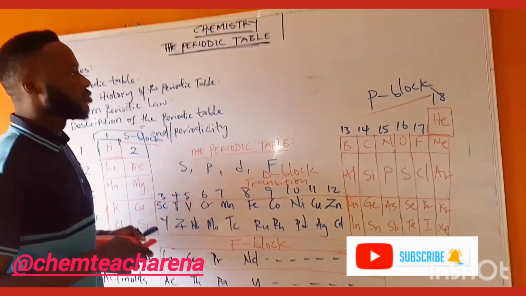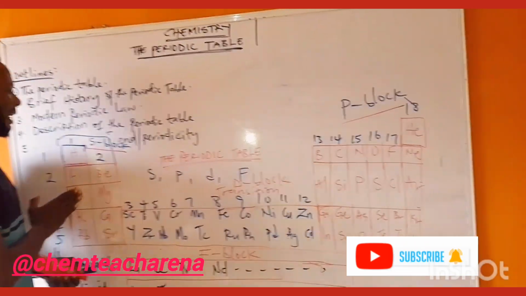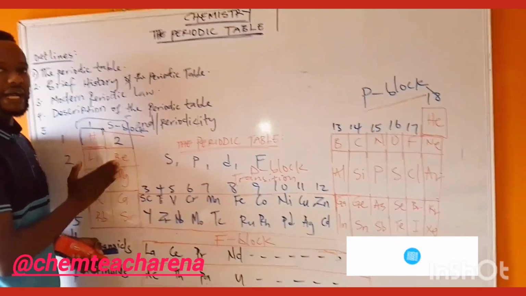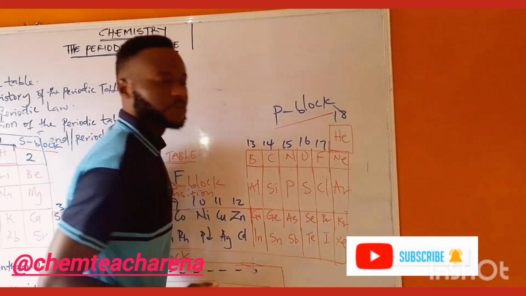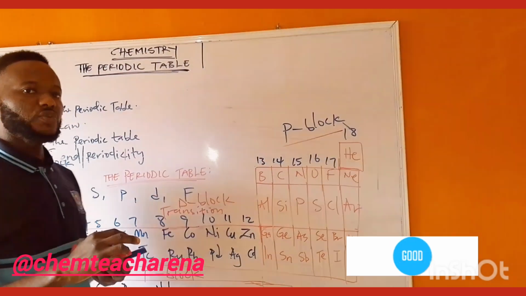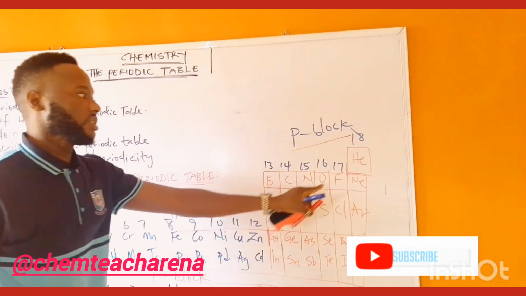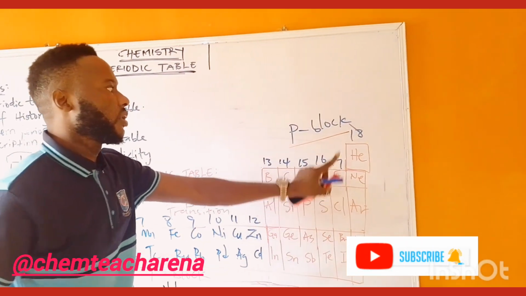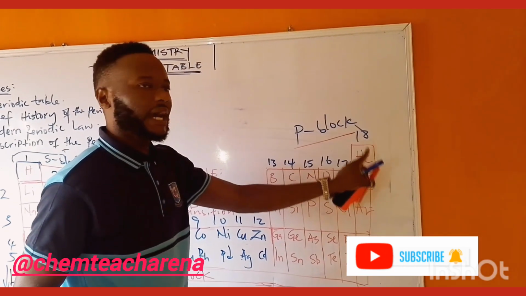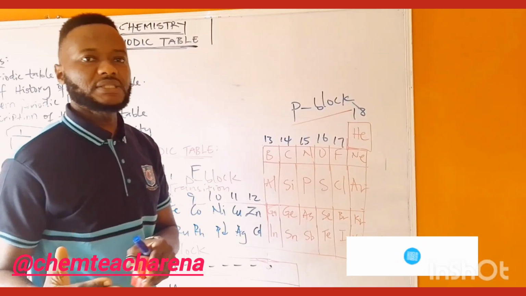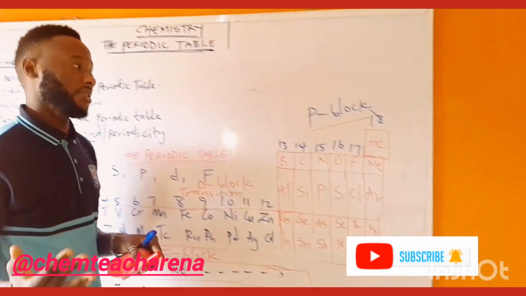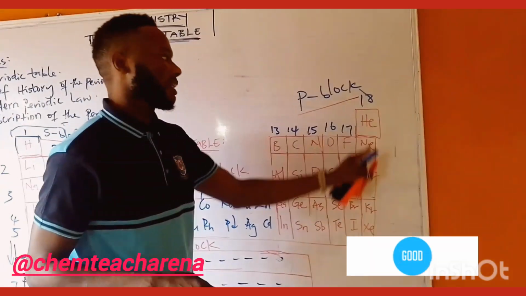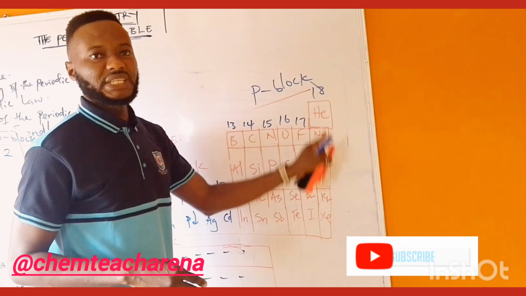Then group 7, they are the halogens, which means salt formers. While group 8, they are called the noble gases, or rare gases, or inert gases. Those are the 3 names you can call them.